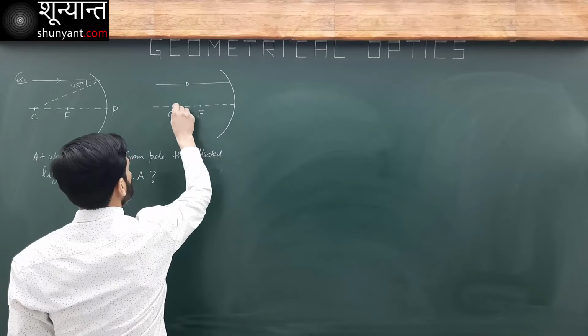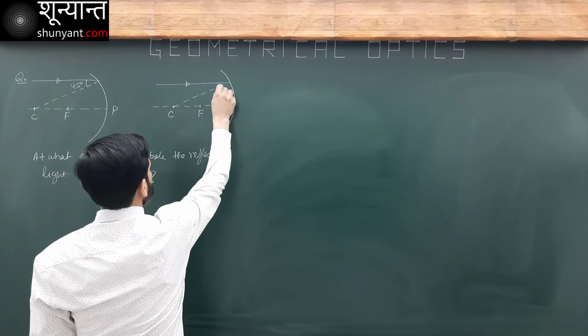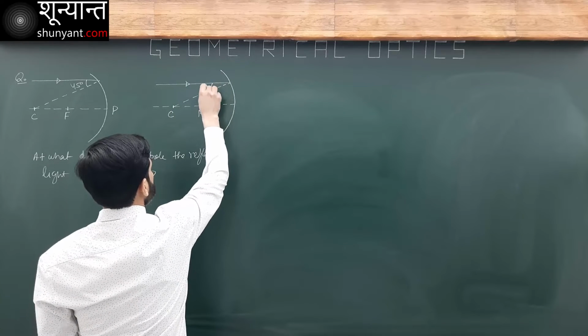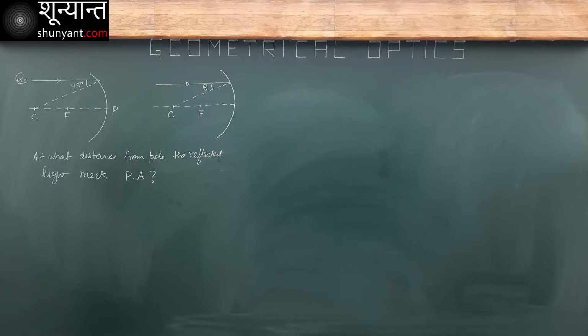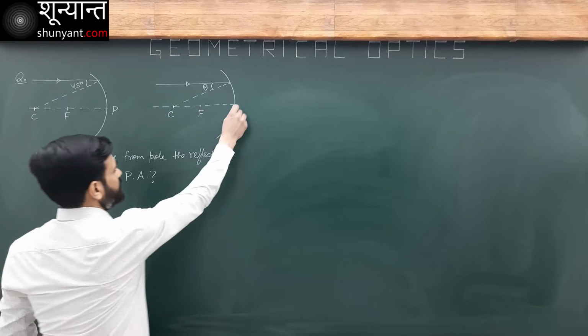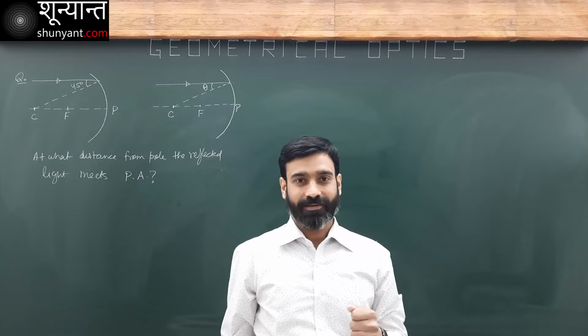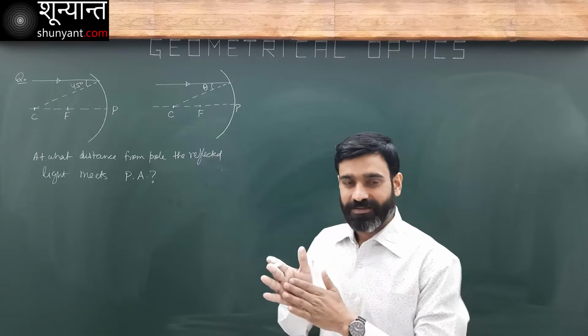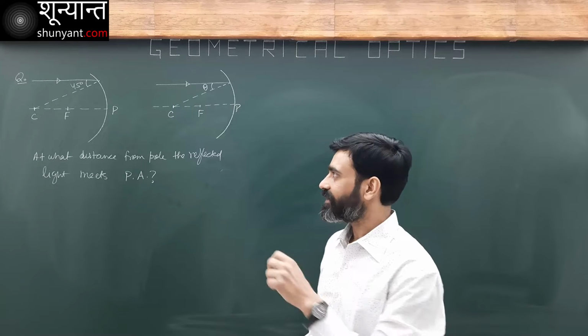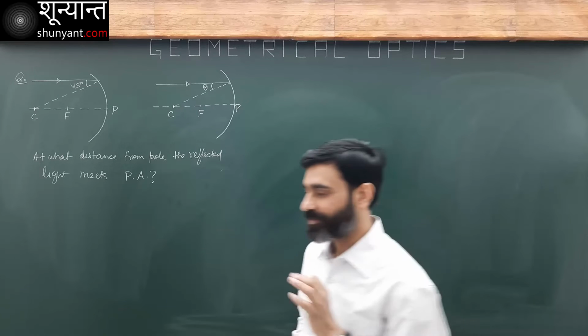This is my angle of incidence. This is theta. What do you think? Both are parallel light rays, parallel to principal axis. After reflection, they are going to meet principal axis. At what distance from pole will they meet principal axis?